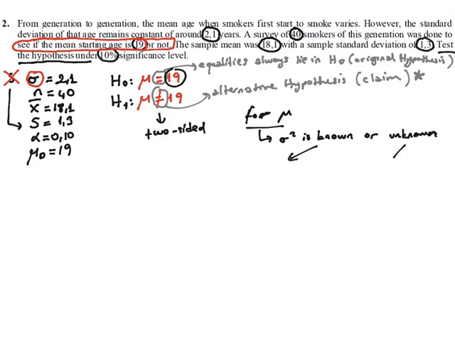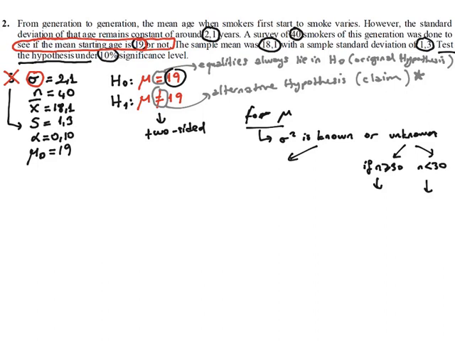If it is unknown, we have another question, which is if n is greater than 30 or less than 30. So we have three different formulas in here.